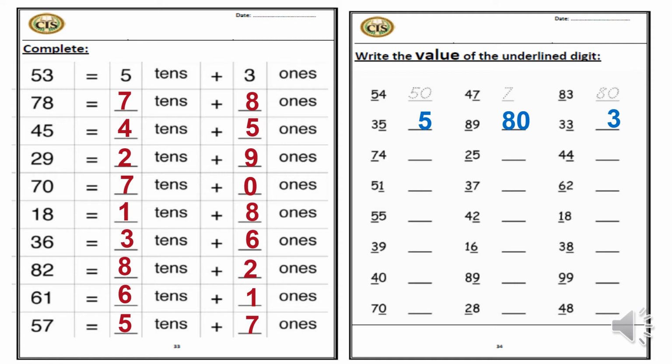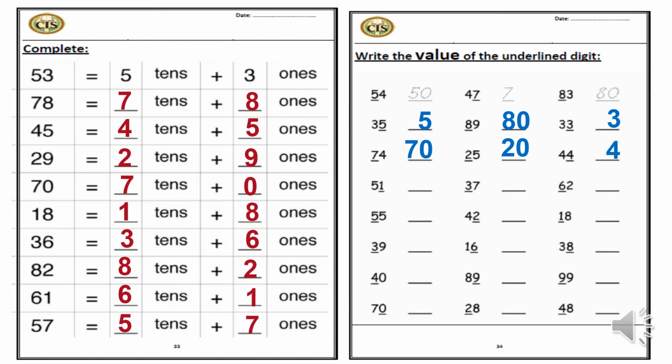Next we have here 74. Okay, 7 here in tens place, so its value equals 70 because in tens we put a 0. Next we have here 25, 2 in tens place, so its value equals 20. 44, 4 in ones place, so its value equals 4.